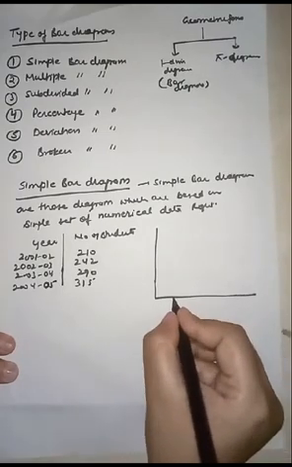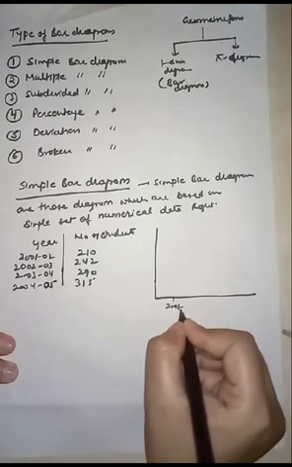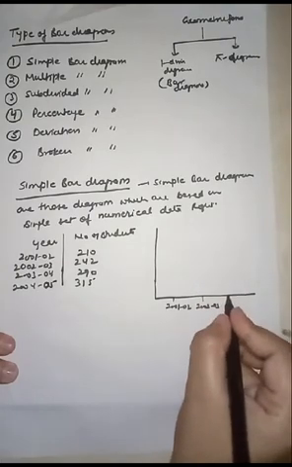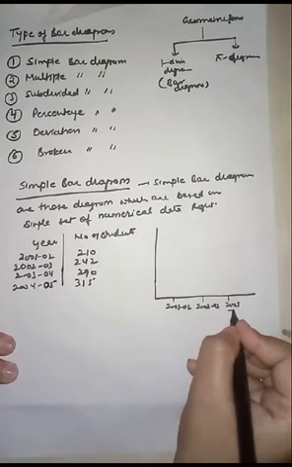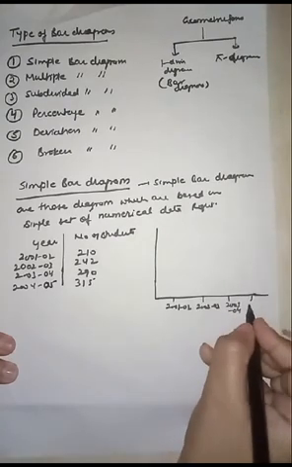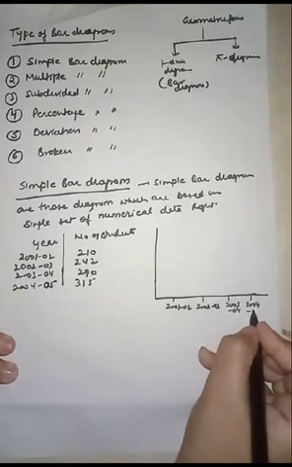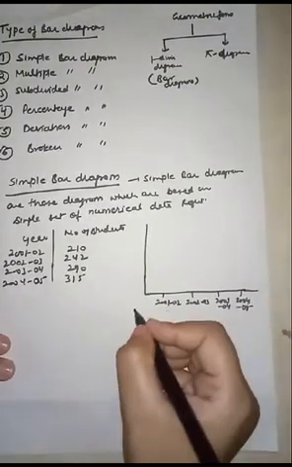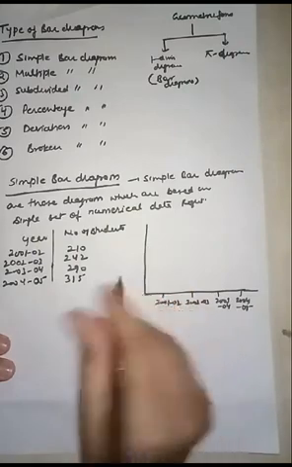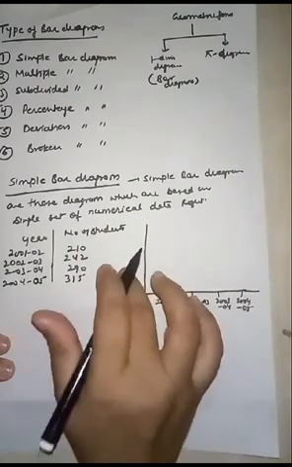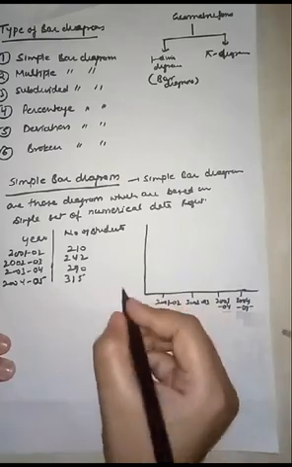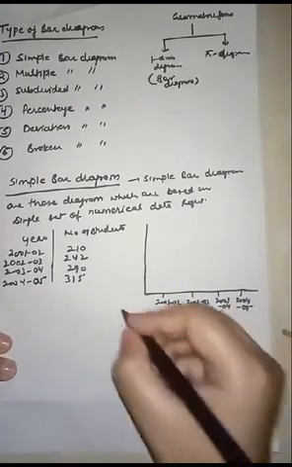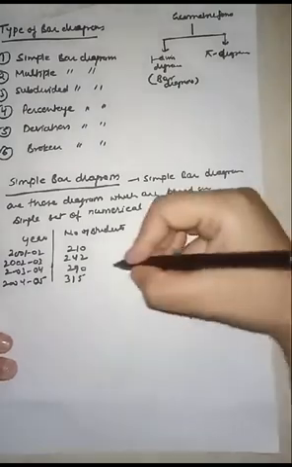So suppose this one is 2001-02, 2002-03, 2003-04, and here I will take 2004-05, right? Now here I will take some scale for the number of students.